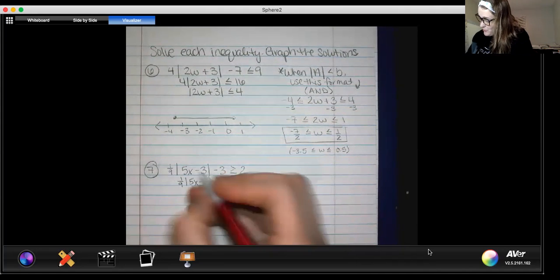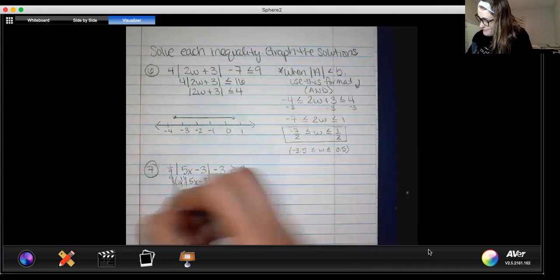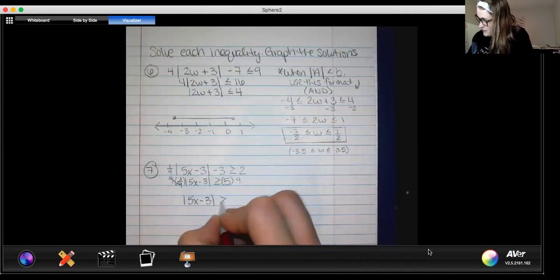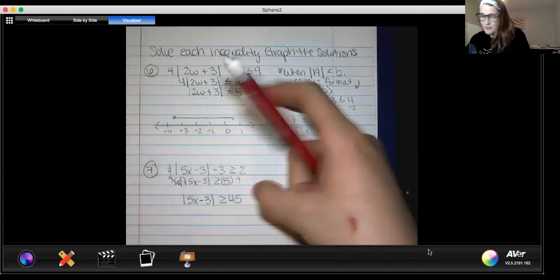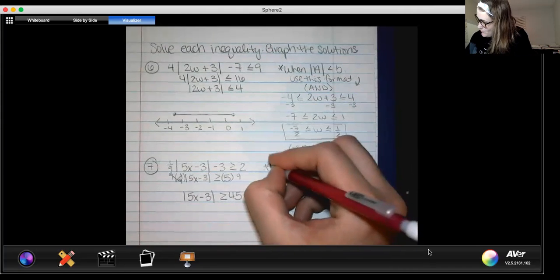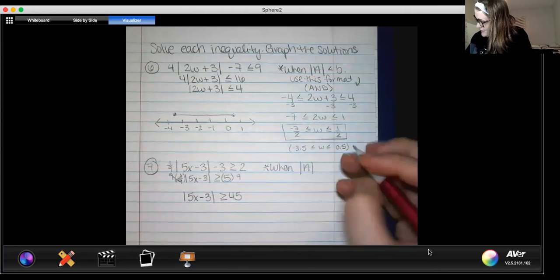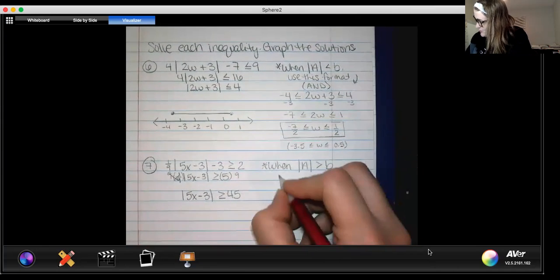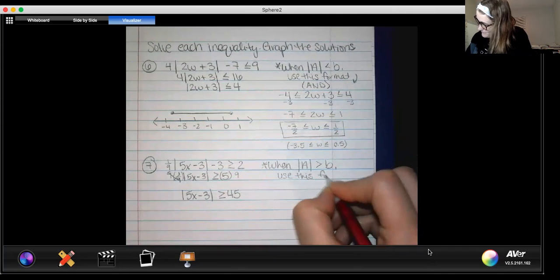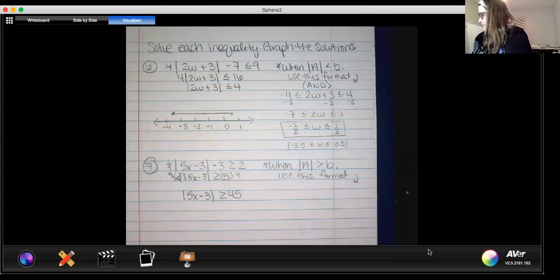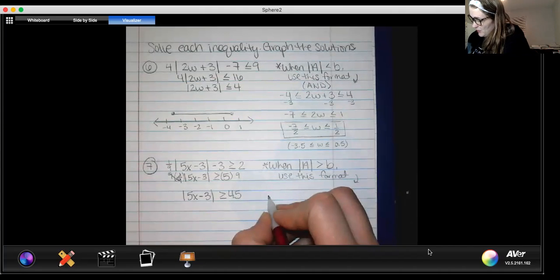And then we have 1/9, so I'm going to multiply by 9. So I get the absolute value of 5x minus 3 greater than or equal to 45. As you can tell, this one is different because the sign is facing to the left. When you have the absolute value of something and it is greater than or equal to an answer, you'll use this format, the format we used on the last problems from 1-2, where you do both options.